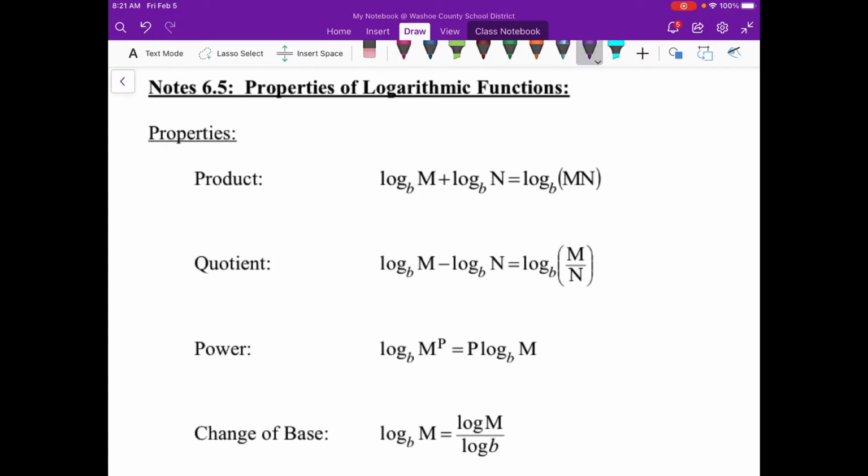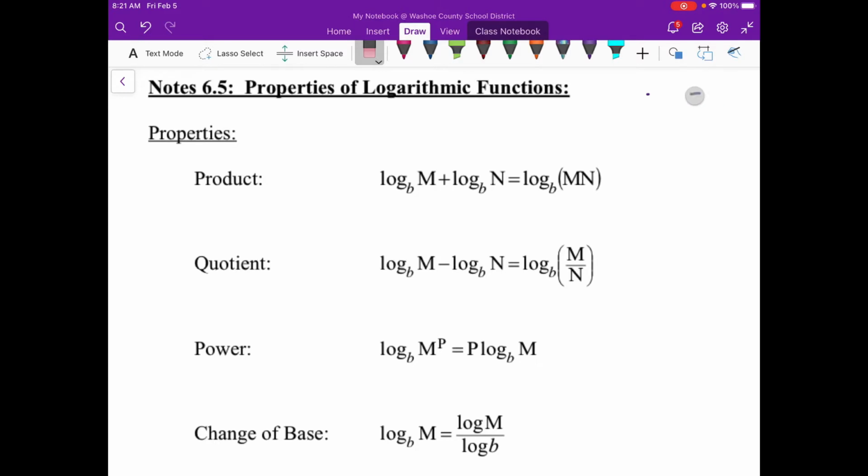So really quick review, when we're multiplying exponents, something like x squared times x to the third would end up being x to the fifth because I end up adding the exponents together, right?